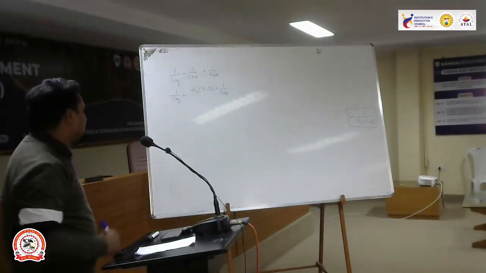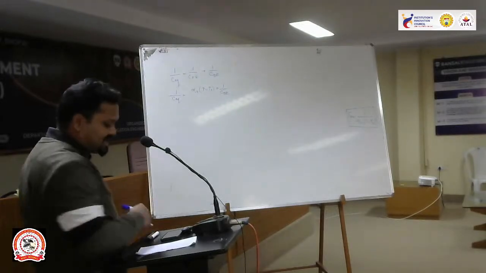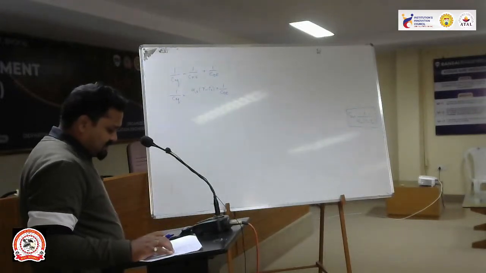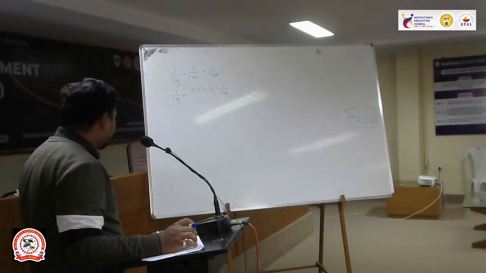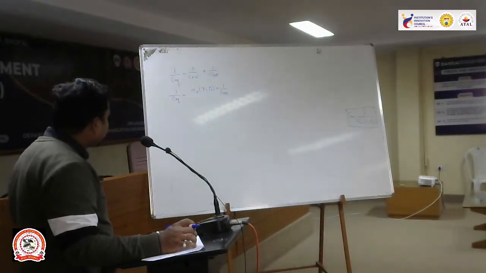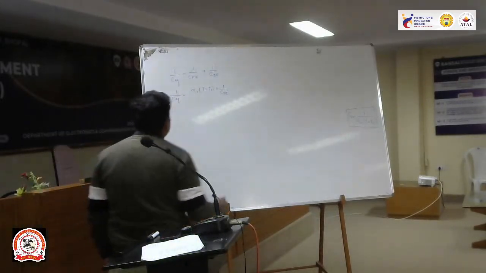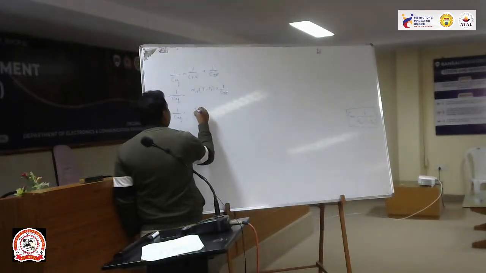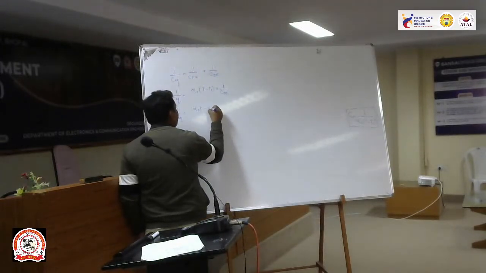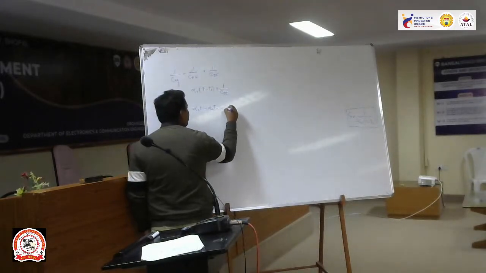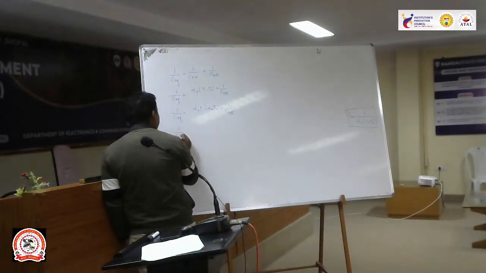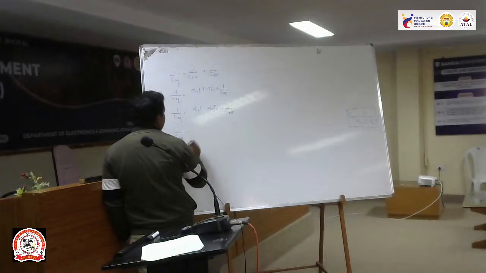So 1 upon C equivalent equals alpha naught into (T minus T naught) plus 1 upon CDE. Now what I'll do, I'll open this bracket and I'll write 1 upon C equivalent equals alpha naught T minus alpha naught T naught plus 1 upon CDE. Now next what I'm going to do is I'll take alpha naught common.